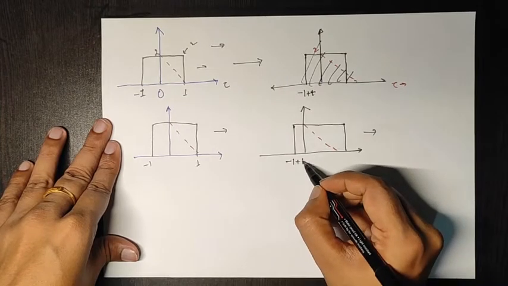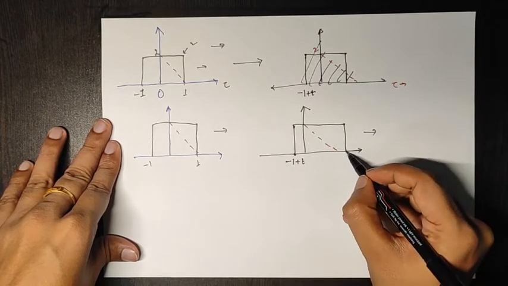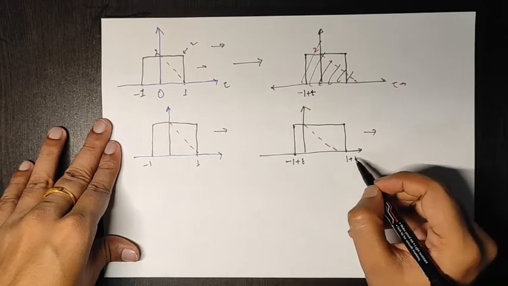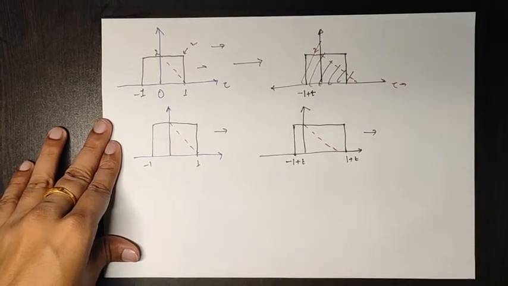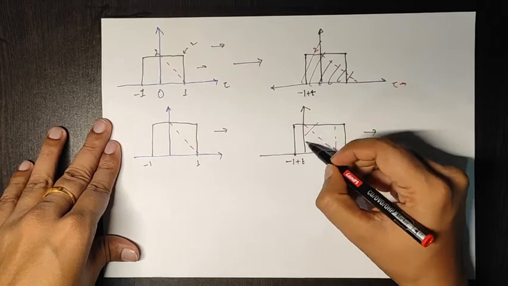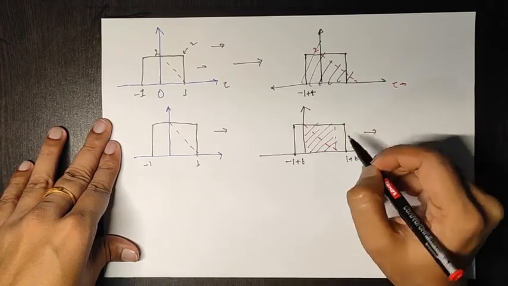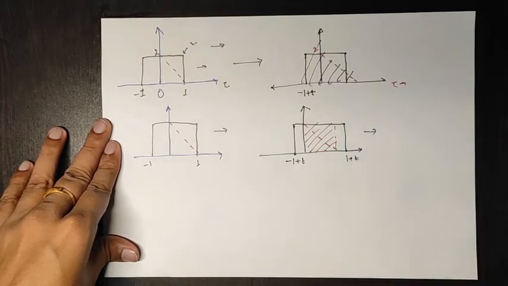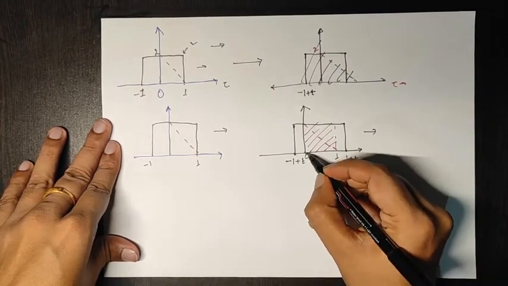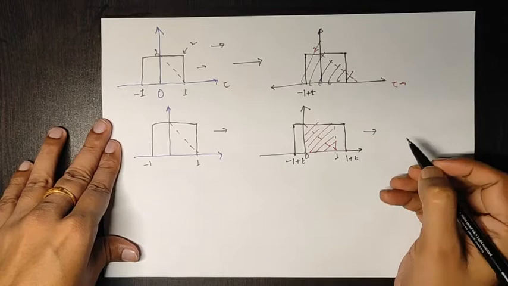This is 1 plus t, the new coordinate, and here the new coordinate will be 1 plus t. But where is the shaded region? See, the shaded region is up to here, up to 1. That means from 0 to 1 there is the shaded region.